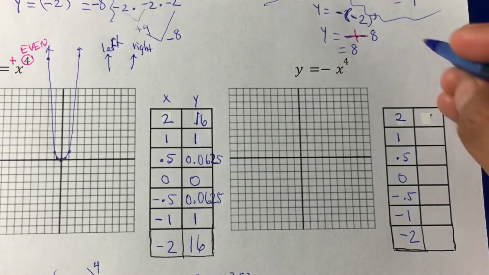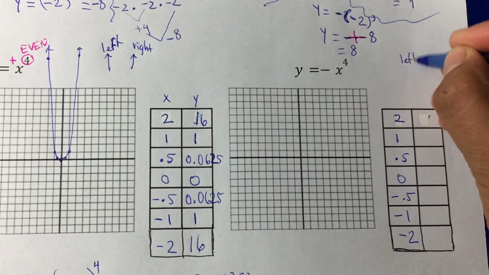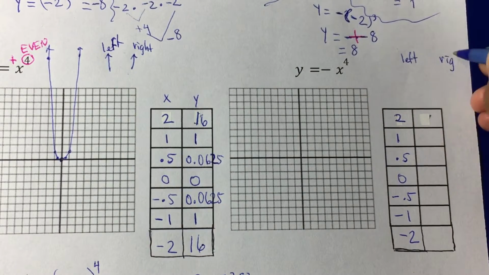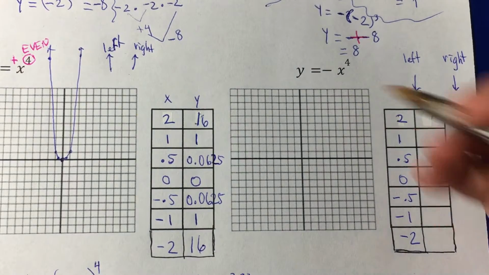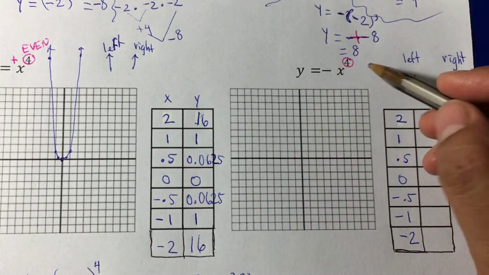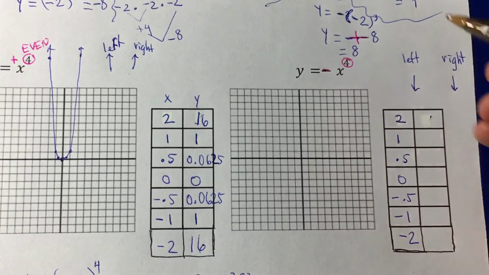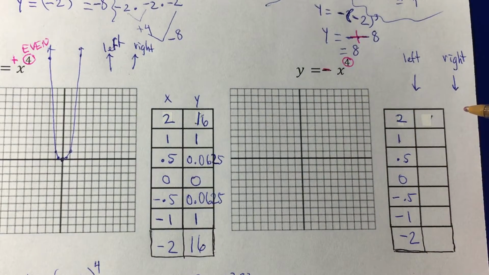So in here, we can assume that on the left and on the right, both are going to go down. So the even makes both go in the same direction. The negative makes it go down.